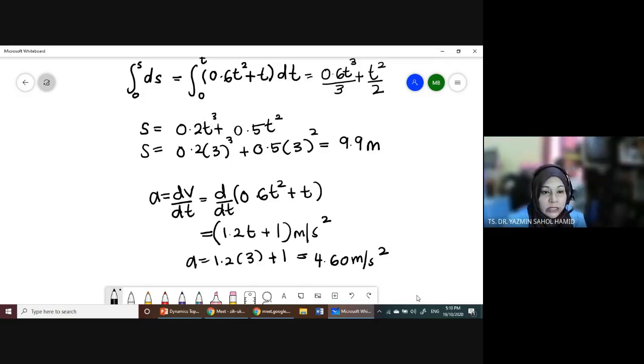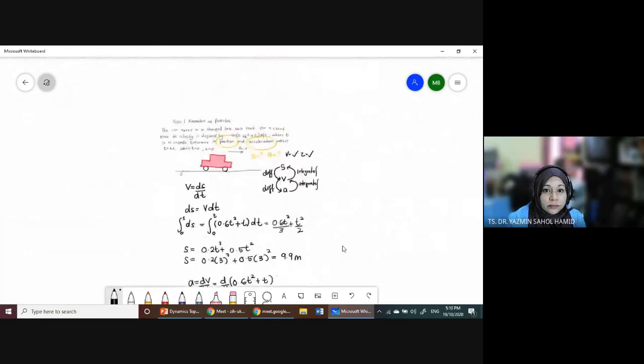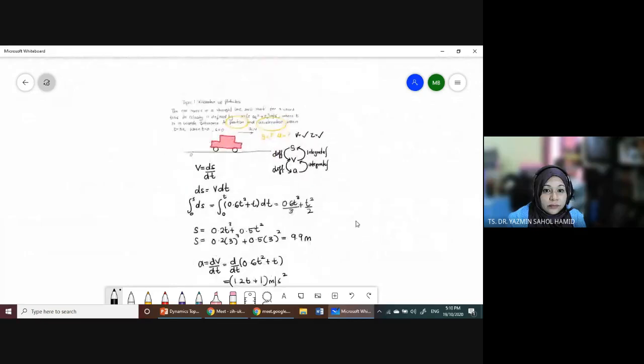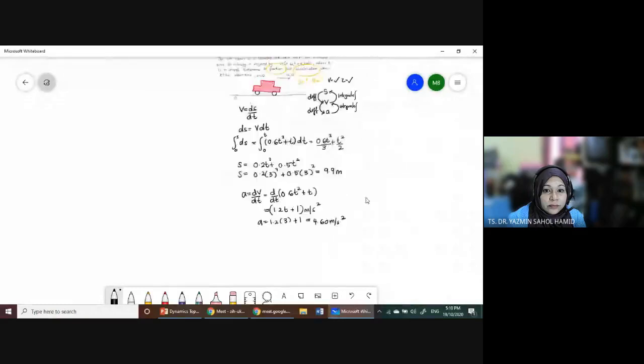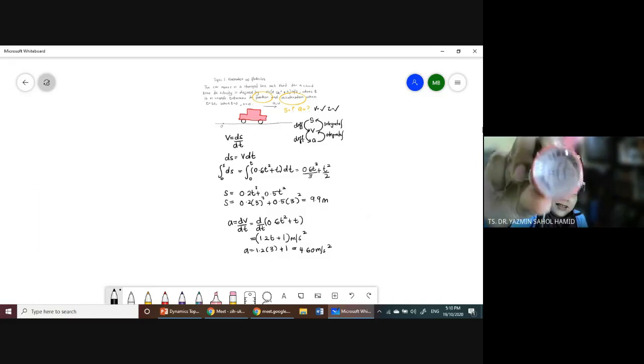Now, Afiq, a bonus question for you. Why is it for this question we are not using the constant acceleration formula?